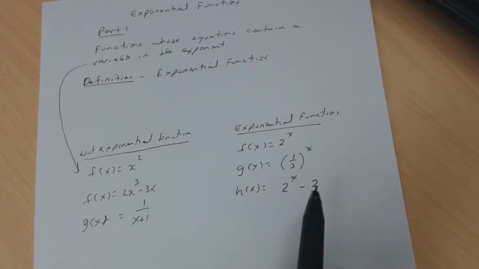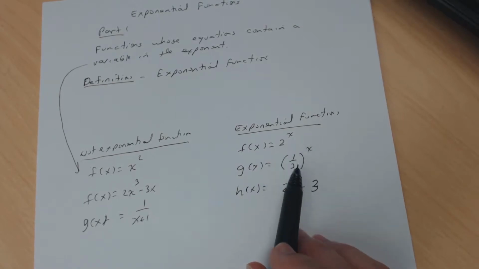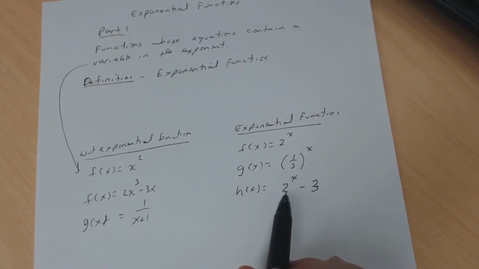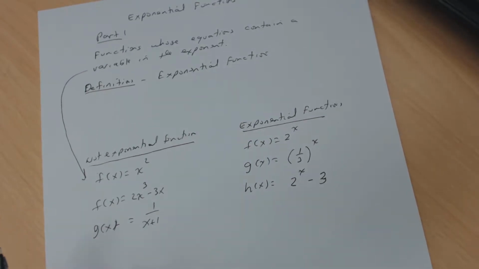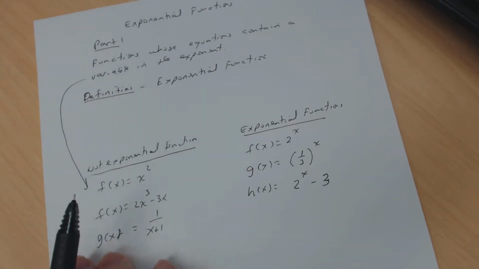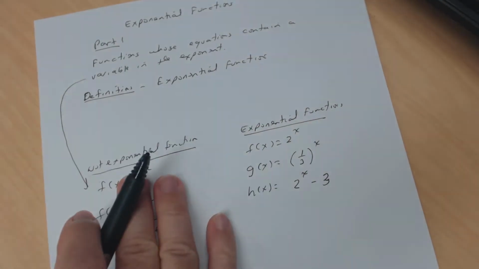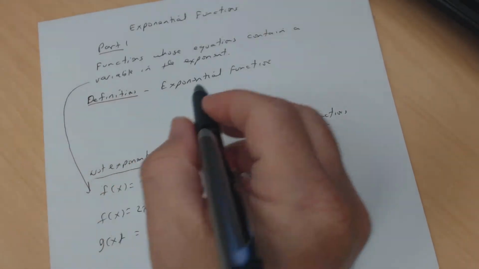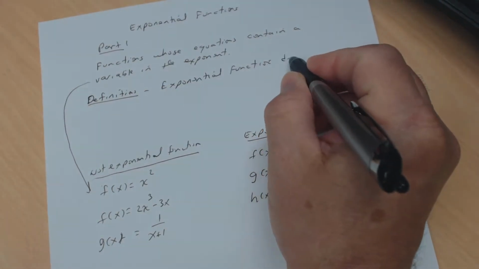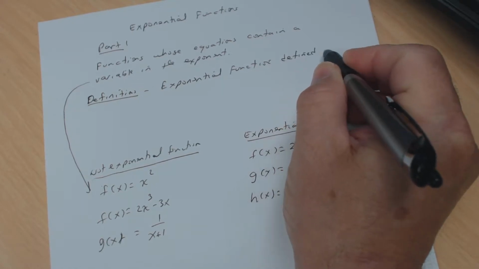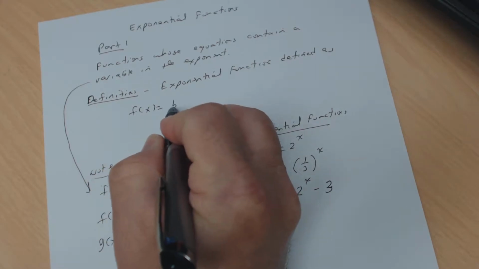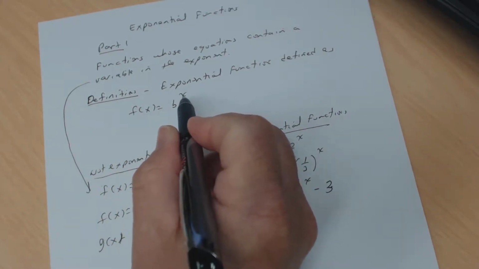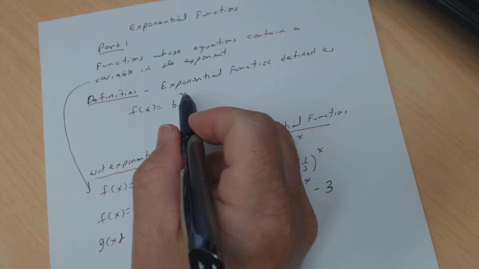Now let's talk more about what these bases should be. This base is a 2, this base is a 1/3, and this base is 2 as well. So in terms of what the base should be, let's discuss what an exponential function is. Here's the definition. An exponential function is defined as f of x equals b to the x, some b raised to the x power.